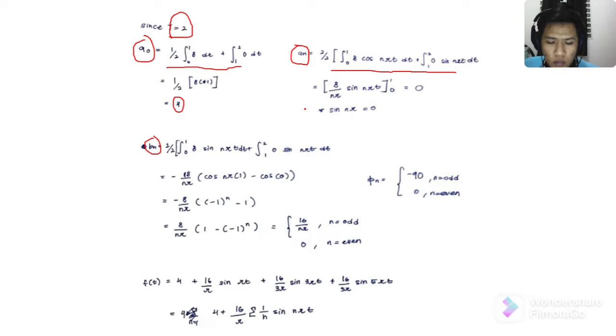the value for coefficient An is sin n pi, where the value of sin is 0.